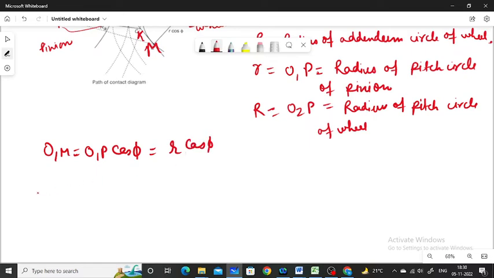And the radius of the base circle of the wheel, that is O2N, equals O2P cos phi, that is capital R cos phi.